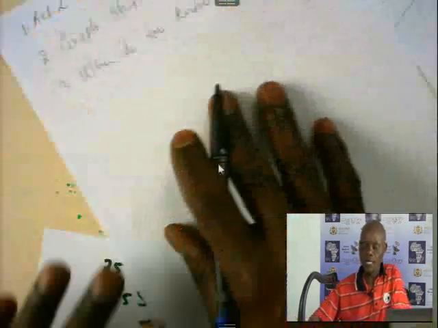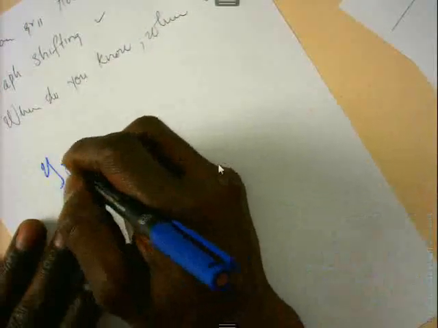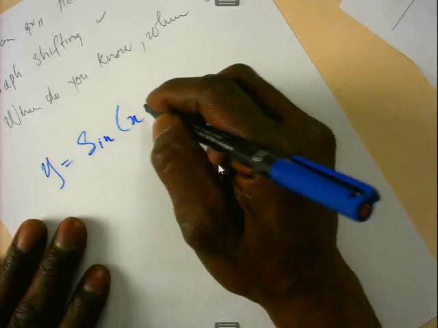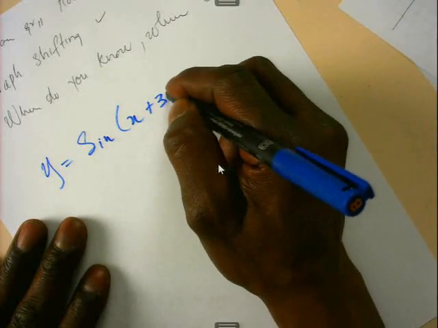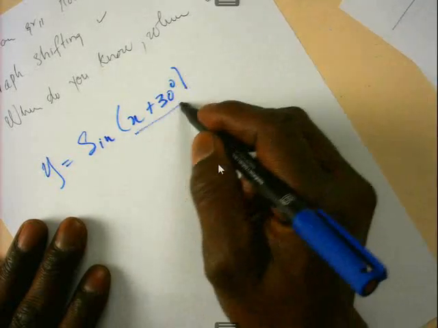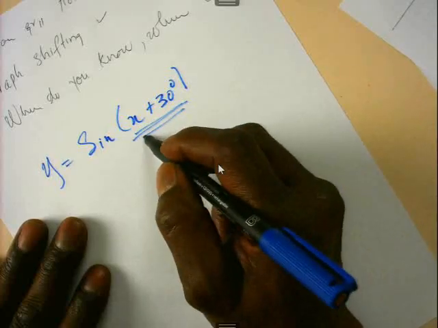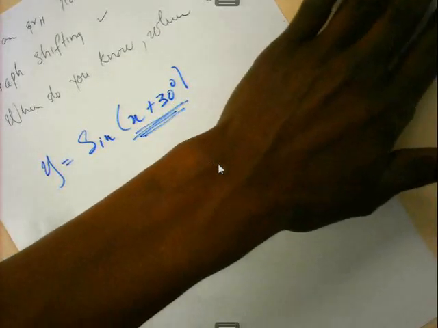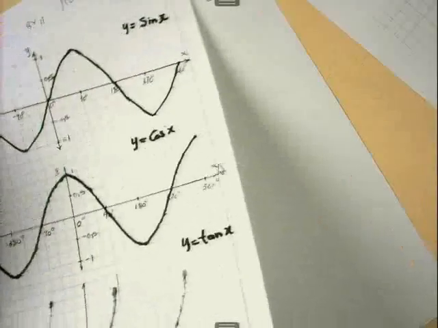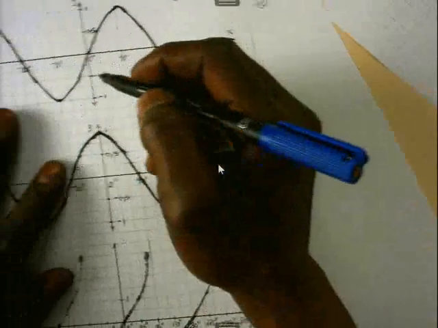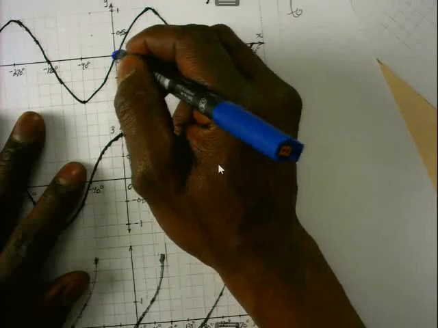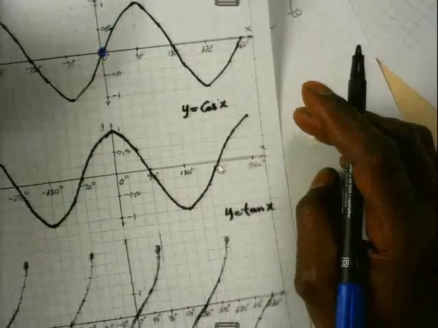Now, suppose you are having the graph of y equals sine of x plus 30 degrees. We are saying, when will this bracket be 0? Why are we referring to 0? We are actually tracing this point here. What will happen to this point if there are some changes?